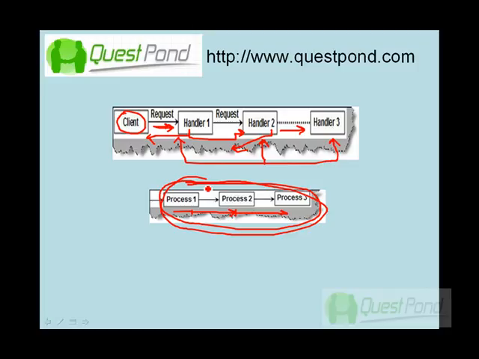So ask yourself two questions before using COR. First, do I have this kind of series of handlers, at least above 5 or 6? If the answer is yes, good. Second, do I need to add new handlers dynamically, and do I need to remove handlers depending on situations? If yes, then 100% COR is the way to go.